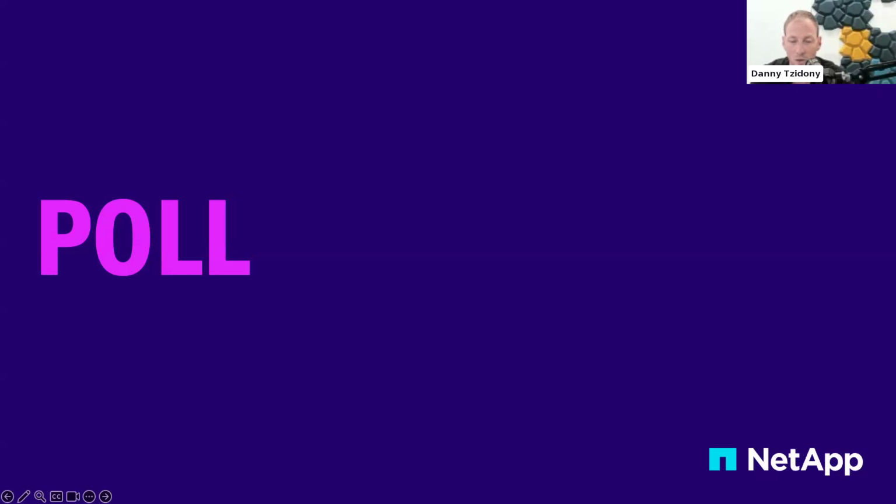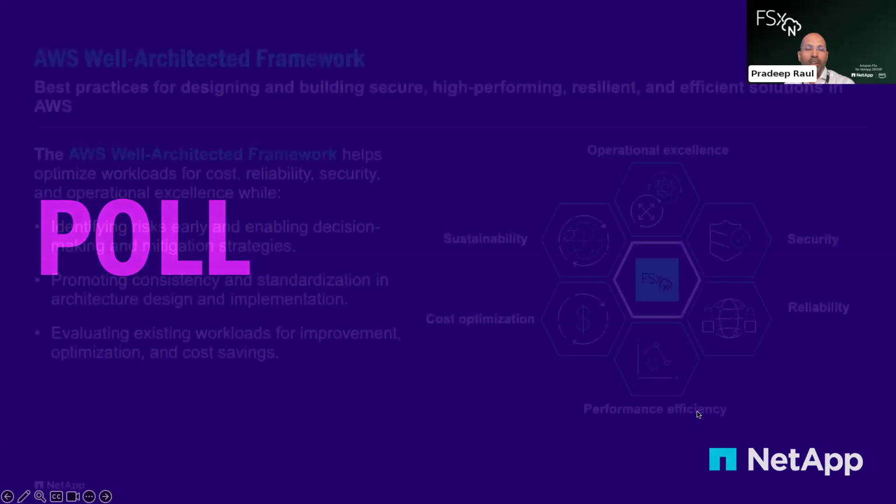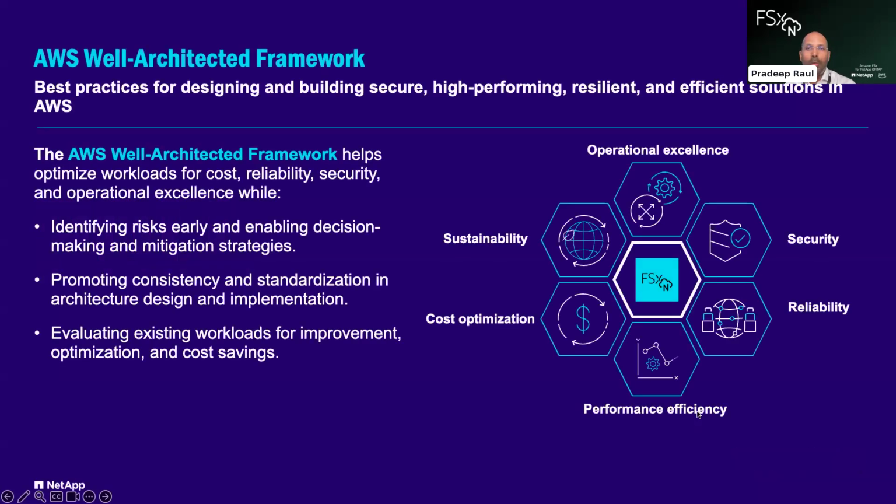And with that, to understand how Amazon FSx for ONTAP fits in with the well-architected framework, Pradeep, please lead us through. Sure. Thank you, Danny. The question is, why do we need a well-architected framework, right? What's the significance, and what are the risks of not following the well-architected framework? Well, you can think of the AWS Well-Architected Framework as a set of best practices and guidelines.